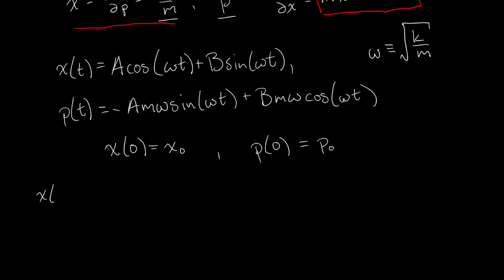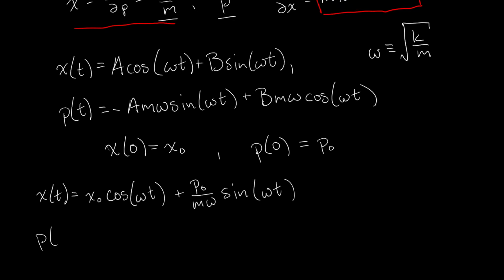And we find something which looks like this, plus p naught over m omega sine omega t, and then p of t is equal to minus x naught m omega sine omega t plus p naught cosine omega t.